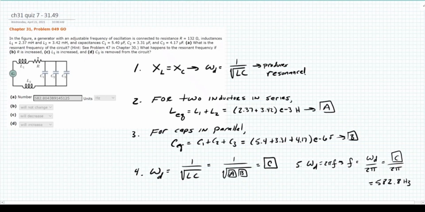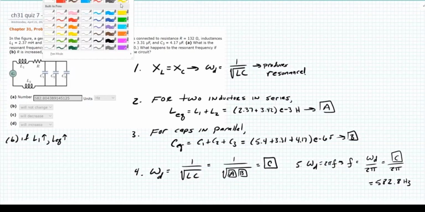What happens if L1 is increased? So for part B, if L1 increases, you know what that means. If L1 increases, LEQ increases. If the equivalent inductance increases, what is that saying about the resonant frequency?